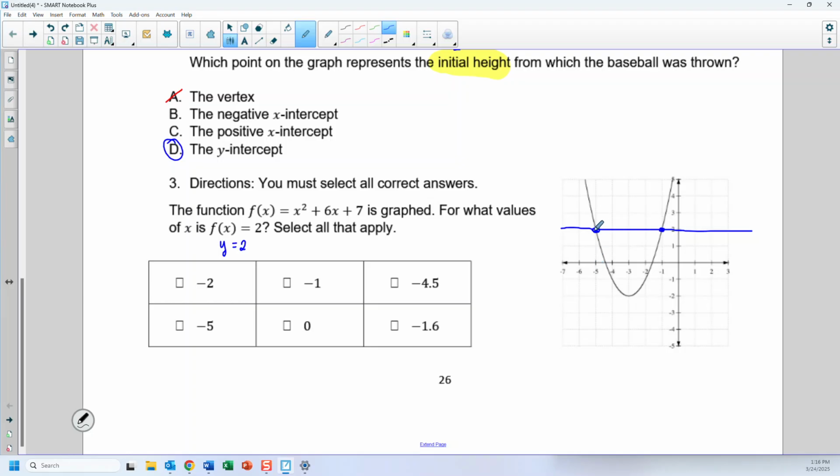So x equals -5 is where your y equals 2, and then x equals -1 is where your y also equals 2. So the answer is -5 and -1.